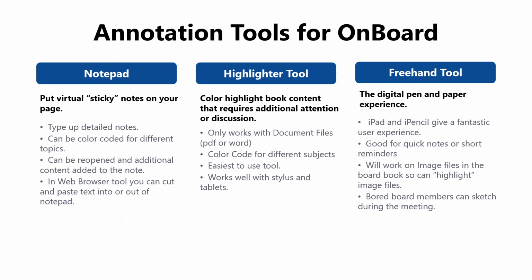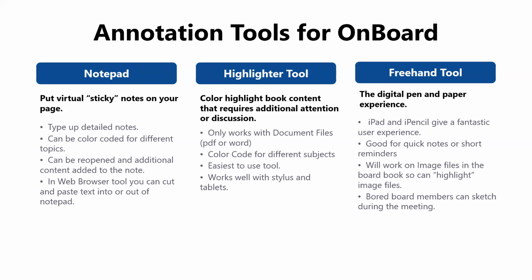This works really well too with a stylus, or if you have a user that's using an iPad or the Apple Pencil. I've heard a lot of positive feedback on that experience with the highlighter. And then also for the freehand tool. It's that true pen and paper experience. You can write yourself a little note directly onto the board packet.